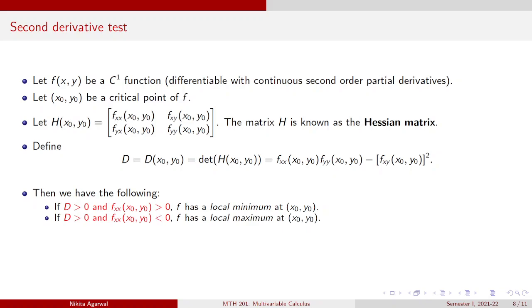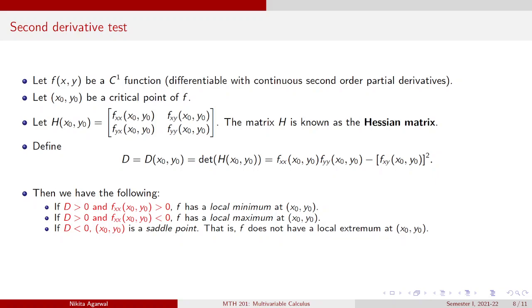If the determinant is positive and fxx is negative, then you have a local maximum at this point. If the determinant is negative, then this point is a saddle point. That is, f does not have a local extremum at the given point.